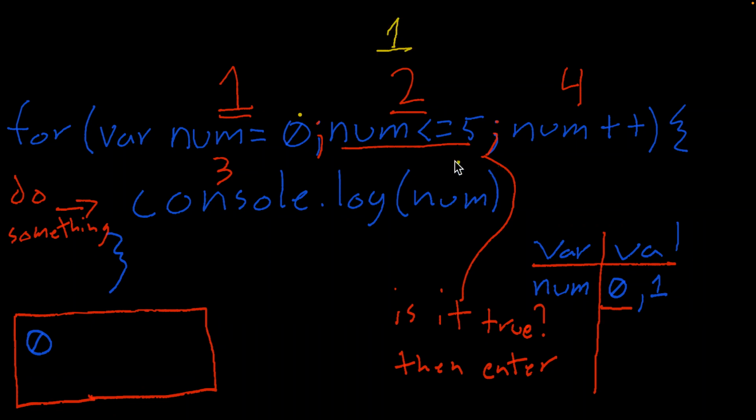This becomes the new step 2. And then this becomes the new step 3. So it goes like this. The first time you read it, step 1, then step 2, then you enter step 3, and then you increase.